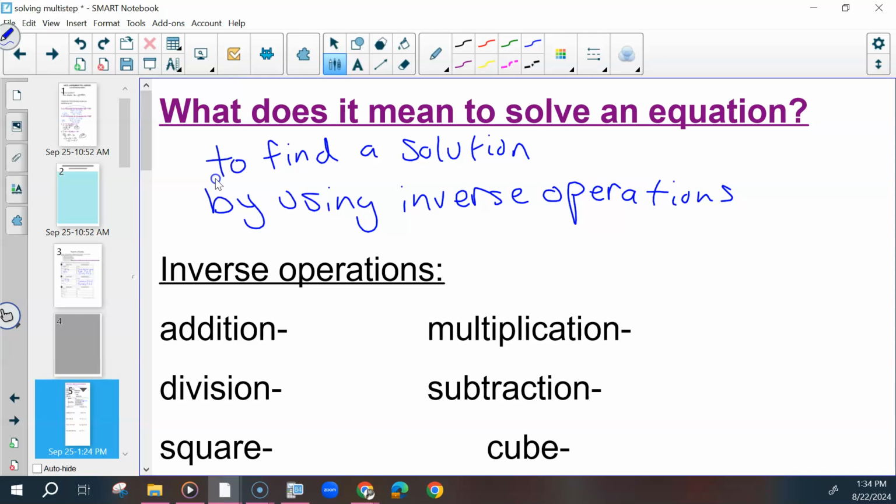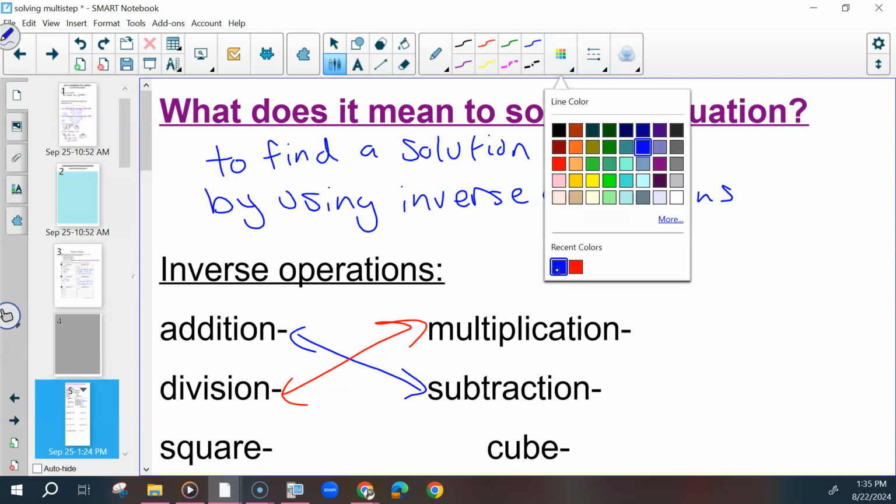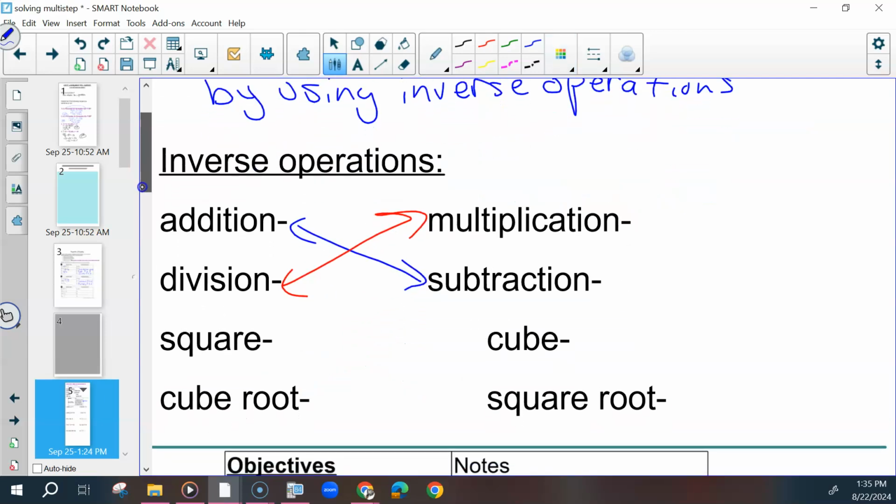And then really quickly figuring out what those inverse operations are. What is the inverse or opposite of addition? Subtraction. Good. What about division? Multiplication. Good. I'm doing this in different colors so it looks visually like this is where this goes. The opposite of squaring something is square root. 2 squared is 4, and the square root of 4 is 2.